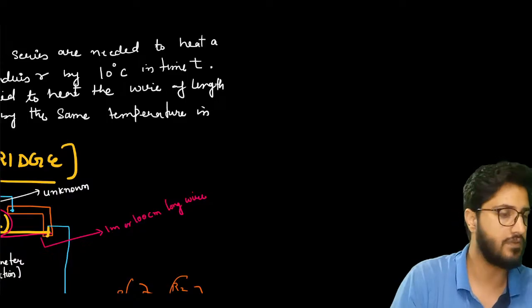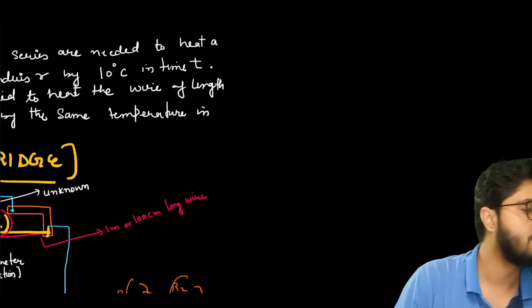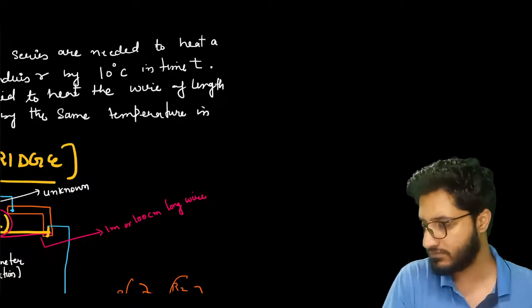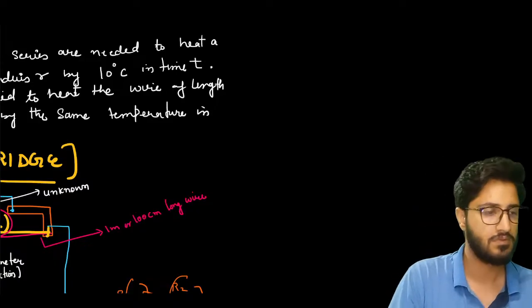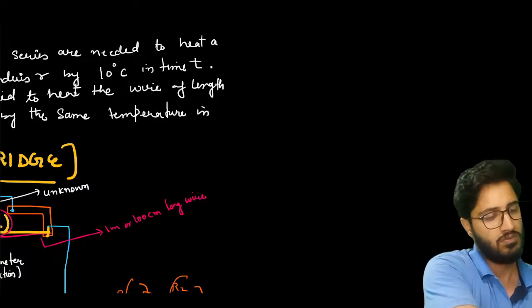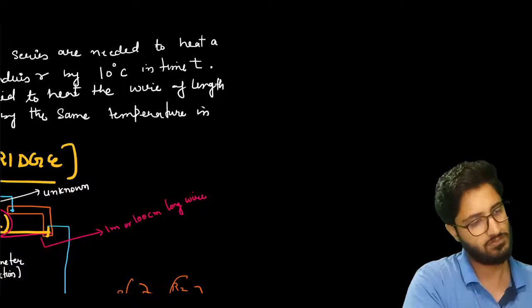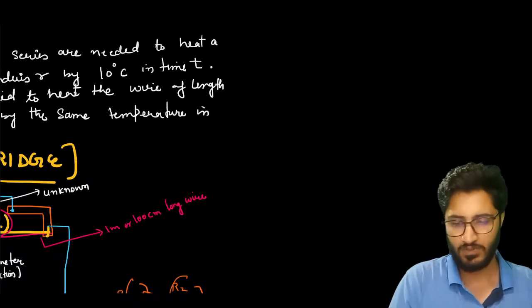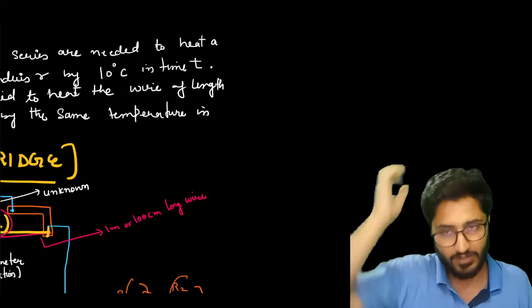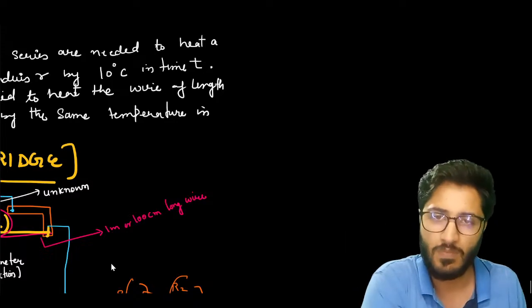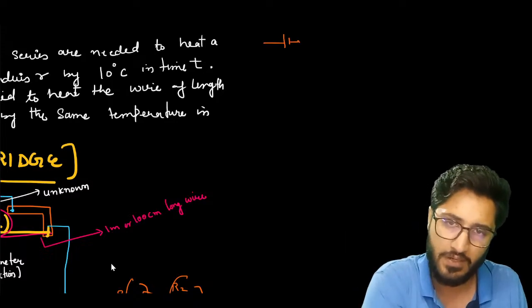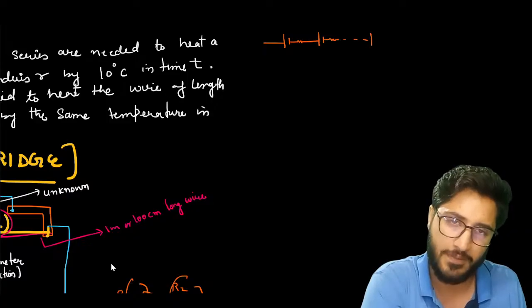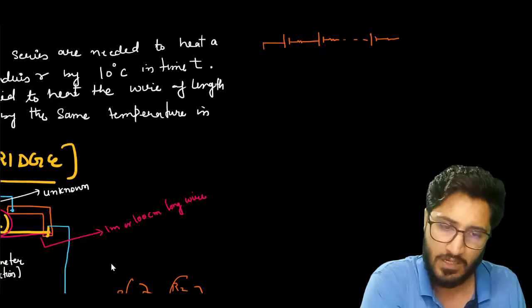One second, beta. So how many cells do we have? 10. We have 10, 1 up to so on to 10. 10 cells.